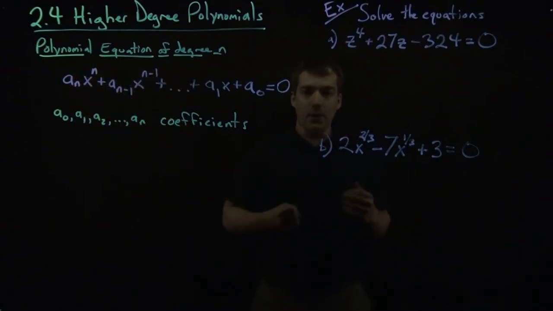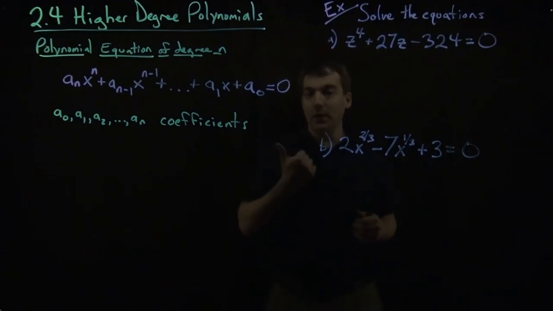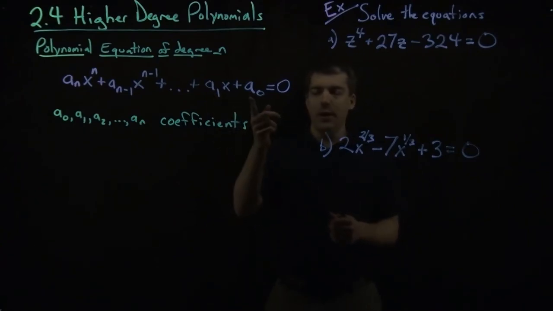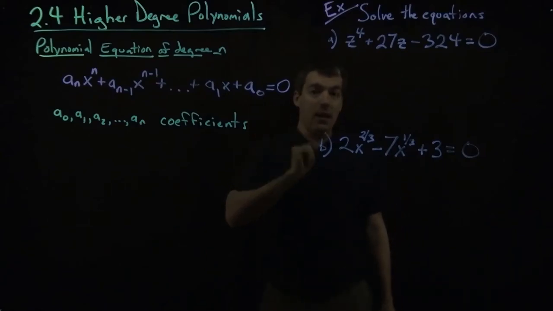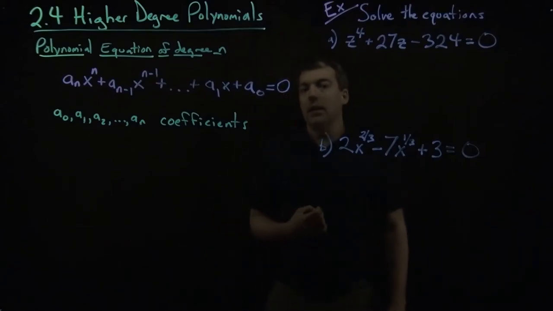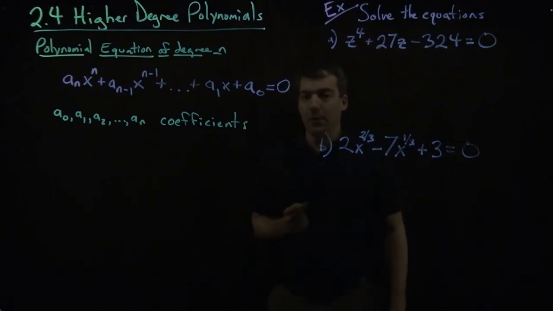Now, you're familiar already with polynomial equations of degree 1. Those were linear equations, in which case we had mx plus b. So the m would be the a1 and the b would be the a naught. We also have looked at quadratic equations. These are second degree polynomials.